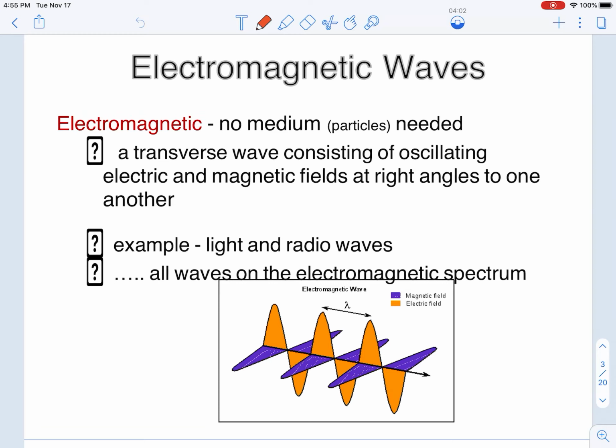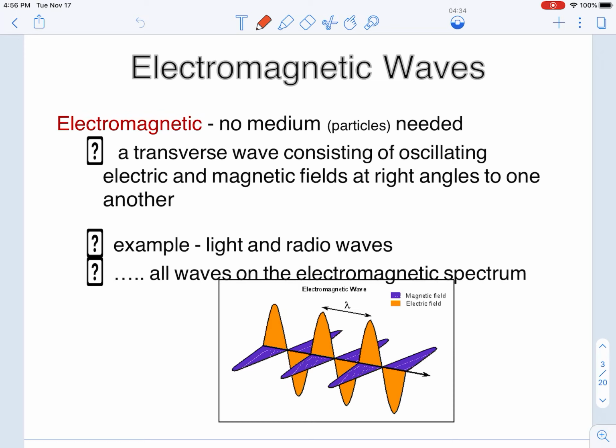When we analyze how electromagnetic waves move through space, what we find is that they are not utilizing particles in order to transfer that energy. So this is different from the previous chapter. Our electromagnetic waves do have the capability of traveling through an environment where there are particles. For example, in the room that you are sitting in right now, there is light.